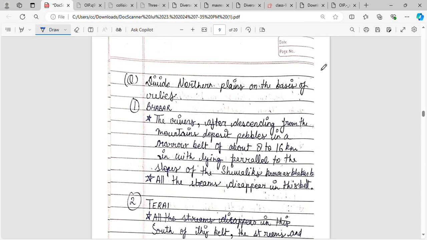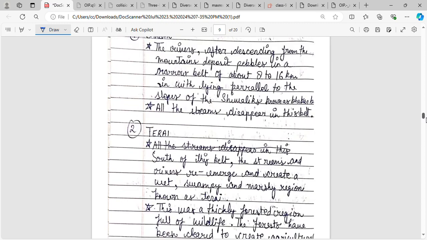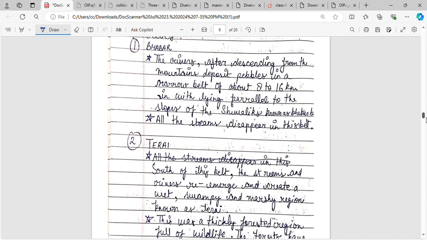You can see this is the northern plain, and they have divided it on the basis of relief. First, let us read the content, and then we'll come back to that. First is Bhabar. The rivers, after descending from the mountains, deposit pebbles in a narrow belt of about 8 to 16 km in width, lying parallel to the slopes of the Shivaliks, known as the Bhabar belt.